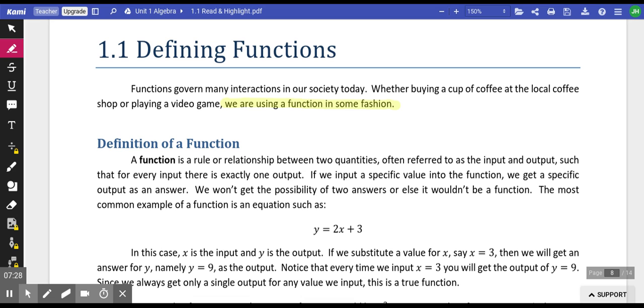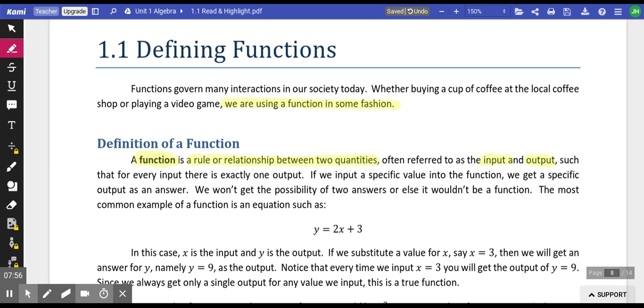Now let's stop right there and let's look into this. Obviously, a function is already highlighted, so that's something that's important. Well, what is a function? It's a rule or relationship between two quantities. Okay, well, what's the rule? Well, it goes right in and says it's often referred to as input and output, such that for every input, there's exactly one output.